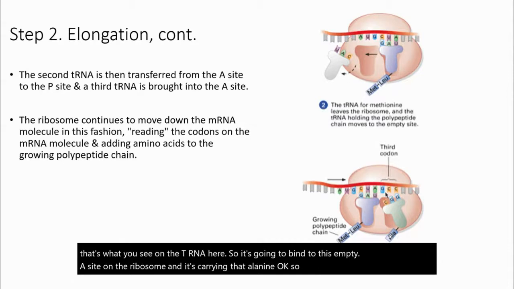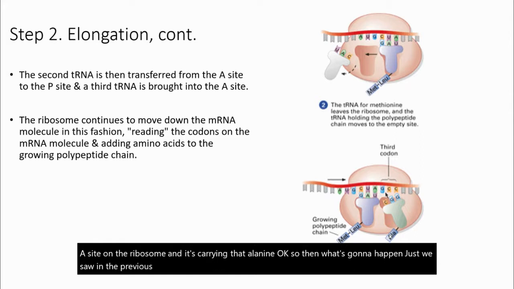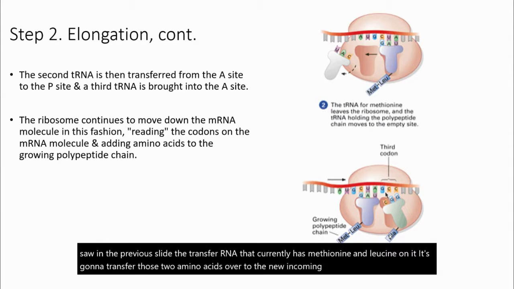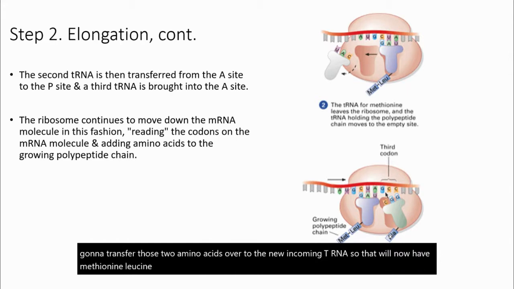So then what's going to happen, just like we saw on the previous slide, the transfer RNA that currently has methionine and leucine on it is going to transfer those two amino acids over to the new incoming tRNA, so that will now have methionine, leucine, and alanine. Then that second tRNA will be empty.